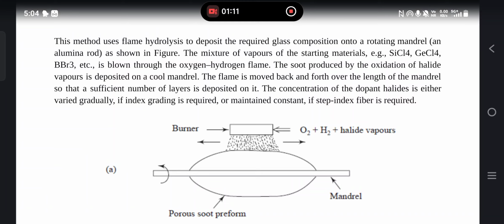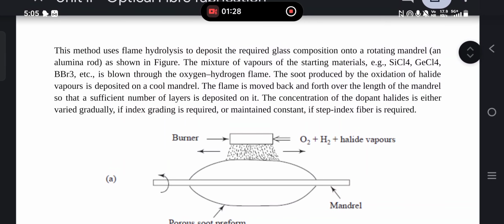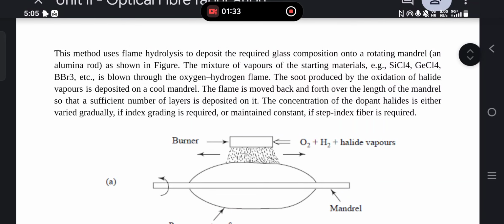Chemical vapors are deposited on the rotating mandrel. As the mandrel rotates, layer by layer deposition of chemical vapor takes place, and after the desired formation, the preform is obtained, then it is taken out.